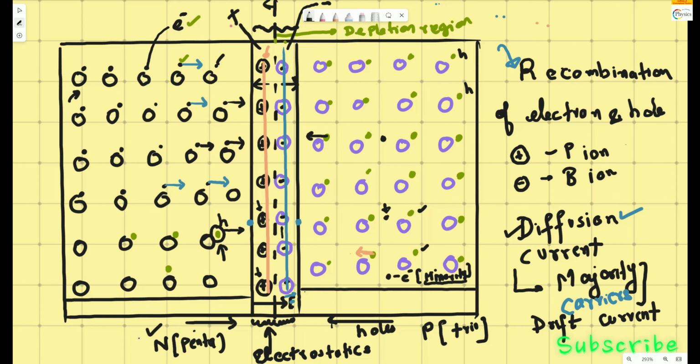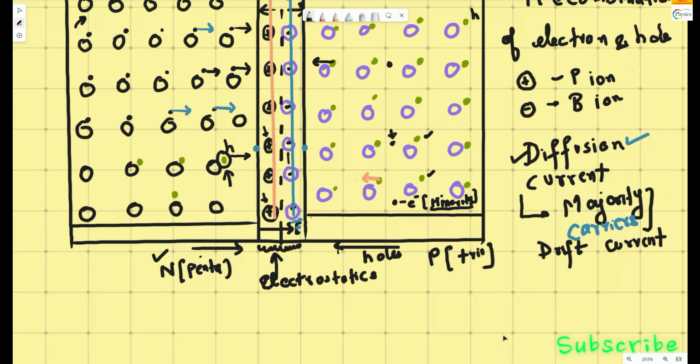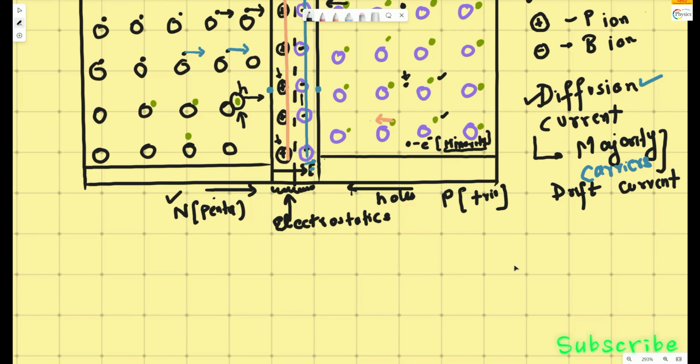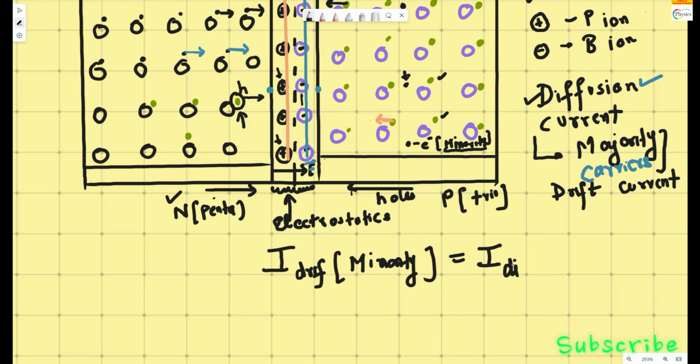A situation arises when the amount of drift current and the diffusion current become equal. So the drift current, I drift, which is due to the minority carriers, becomes equal to the I diffusion, which is the majority.